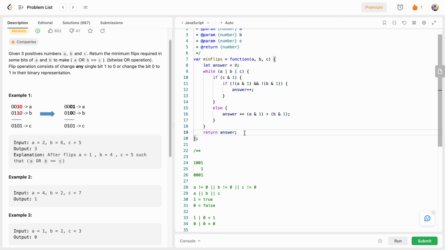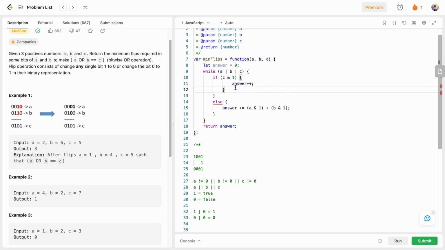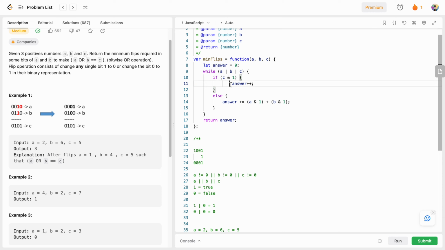Okay, so now here I can do one more small optimization. Instead of doing if, I can cut this out, and my answer would be plus equals this value.